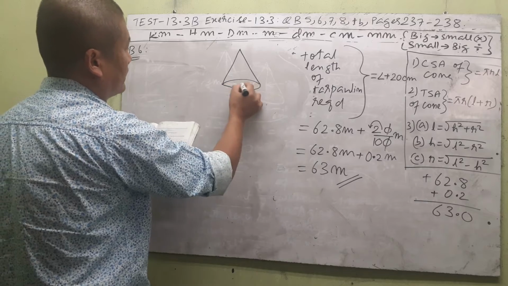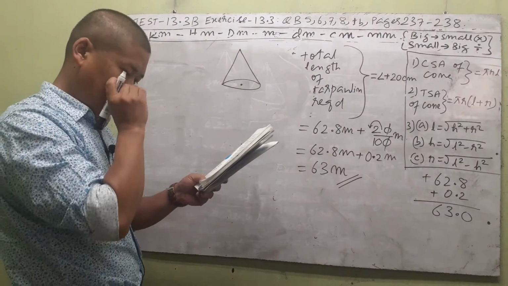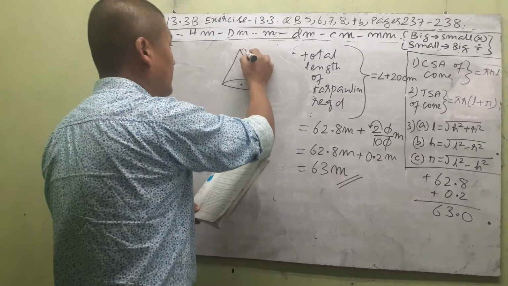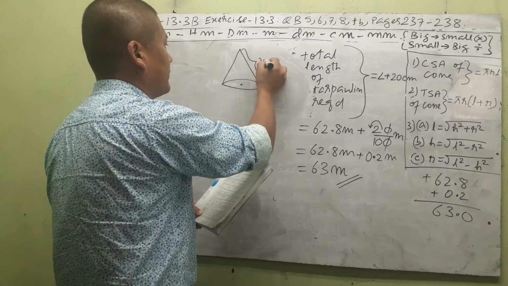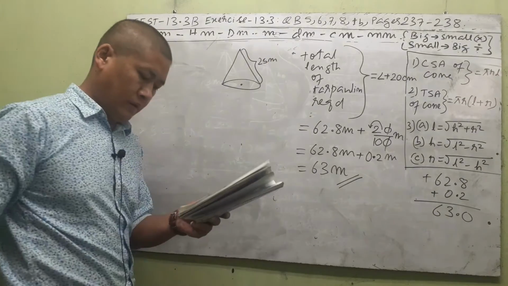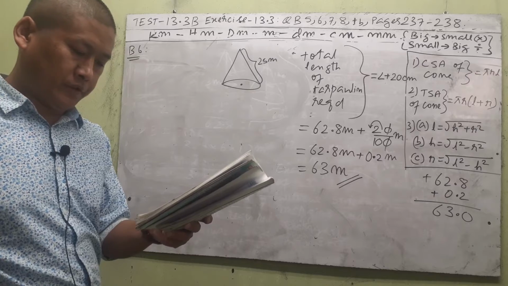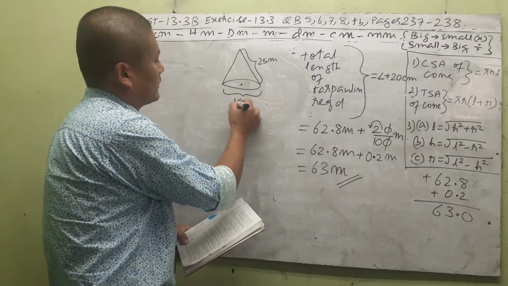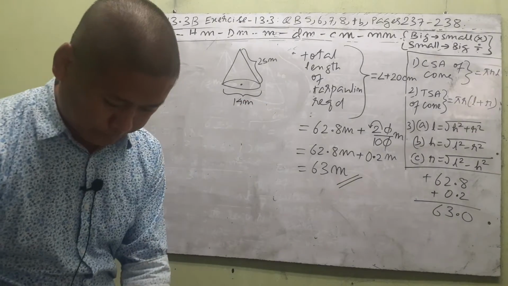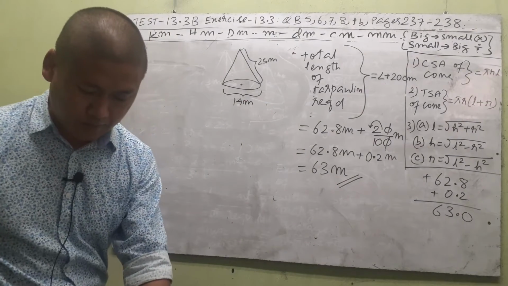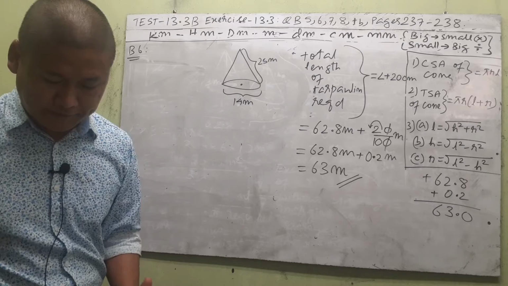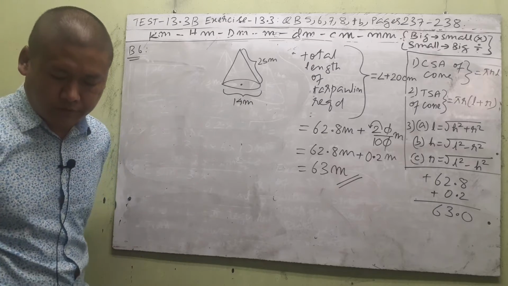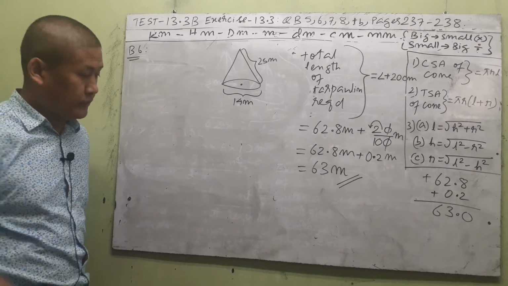The slant height is given 25 meter. From here to here, 25 meter. And diameter is 14 meter. So from here to here is 14 meter. Find the cost of whitewashing its curved surface at the rate of rupees 210 per 100 meter square.